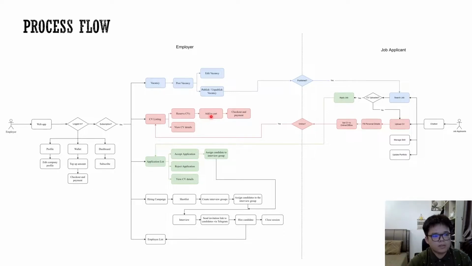So here is our system process flow in overview. Here we have the colored flows to indicate the connectivity or interactions between the two systems, the employer and the job applicant system. For the employer system, these are the features that they can access if they are logged in, and only if they are subscribed to the system can they access the main process flow or main features of our system, which is our hiring process.